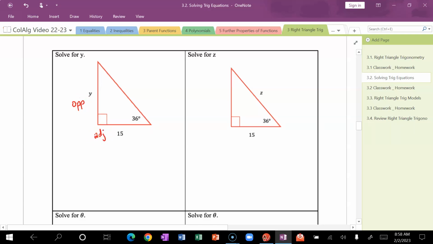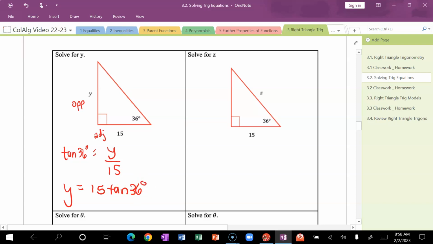So what trig function deals with the opposite over the adjacent? Well, that's going to be the tangent. The tangent of 36 degrees equals opposite over adjacent, which is y over 15. So y is equal to 15 times the tangent of 36 degrees.